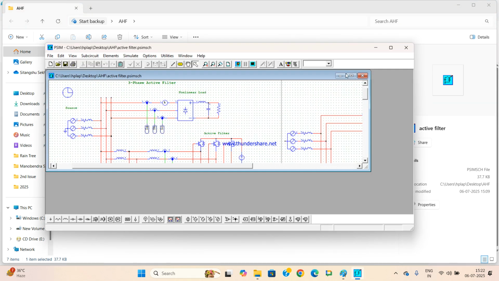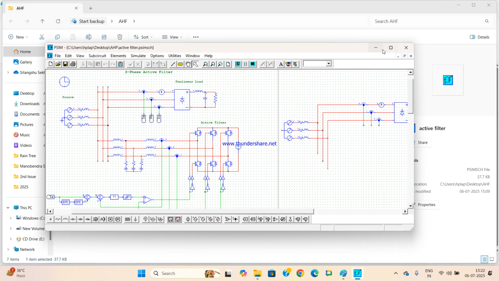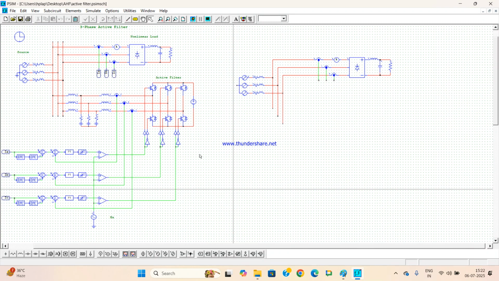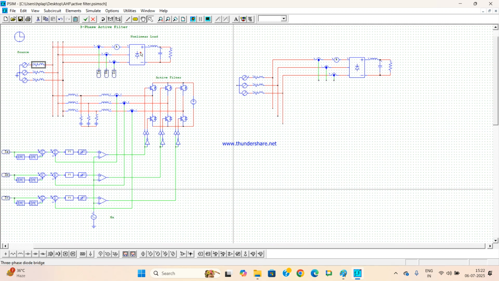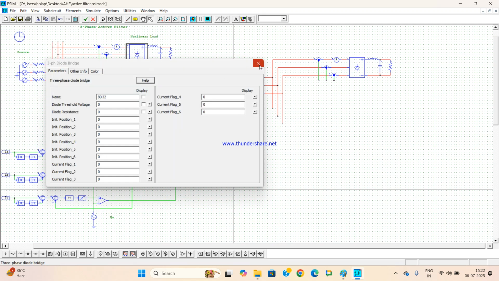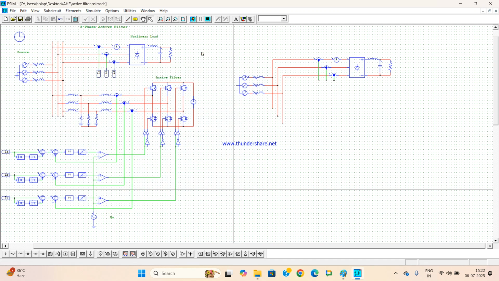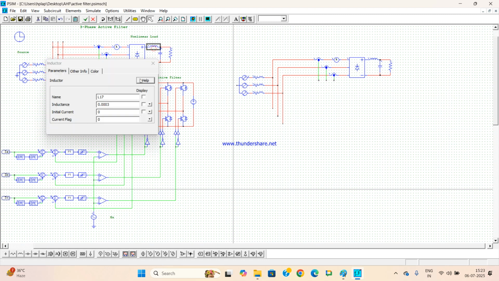So just I'll show you one simple active harmonic filter I made for you. So you see this is your source side, and here is the line choke or something like that. I have used this value, and this is a simple three phase rectifier, and that load is connected here.